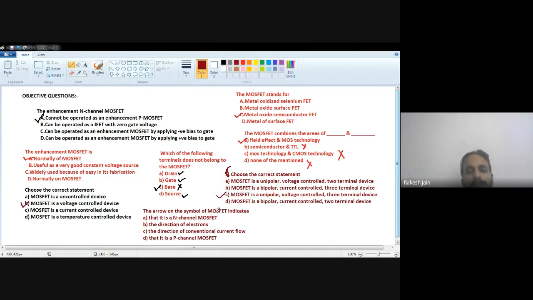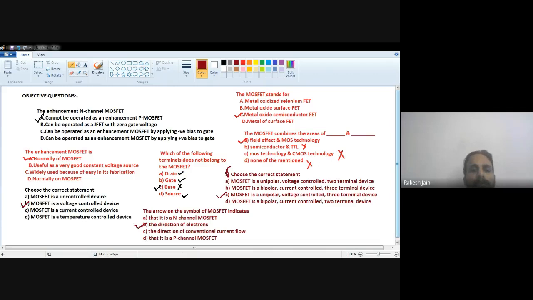The arrow of the symbol of MOSFET indicates whether it is an N channel MOSFET or a P channel MOSFET, the direction of conventional electron flow. They just show what is the direction of the electron flow. So it is a very easy question.